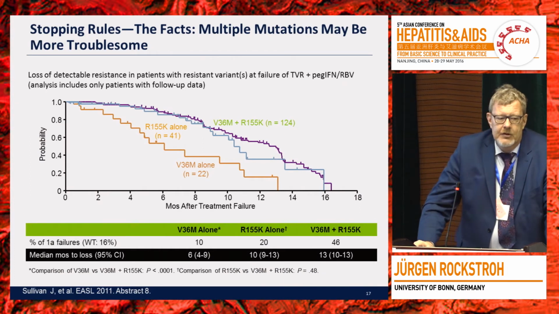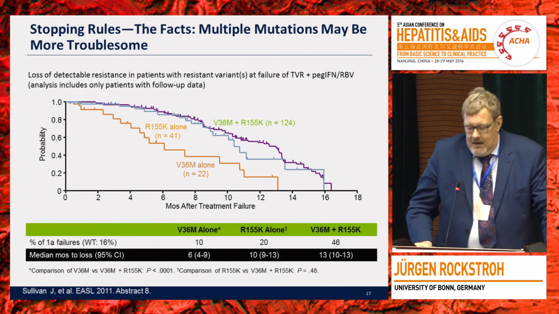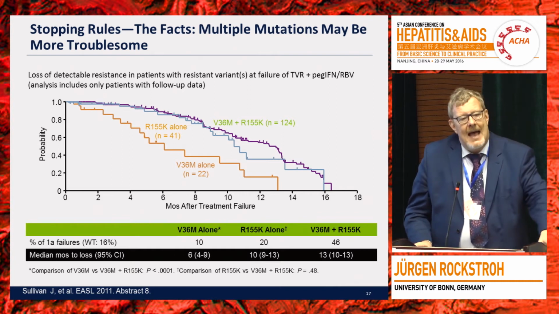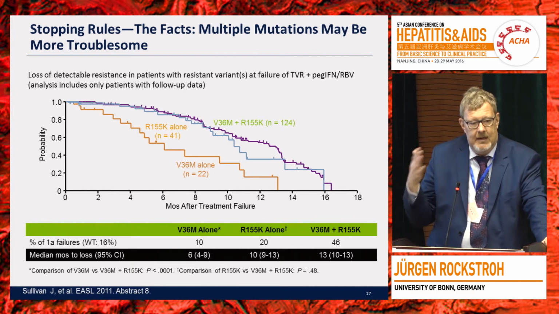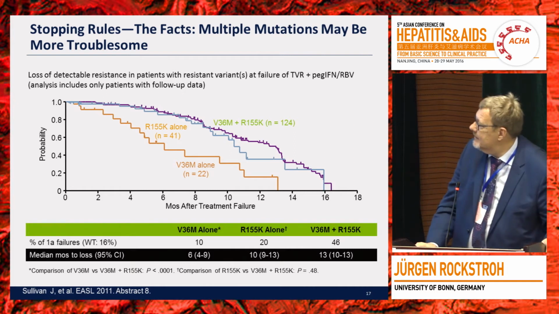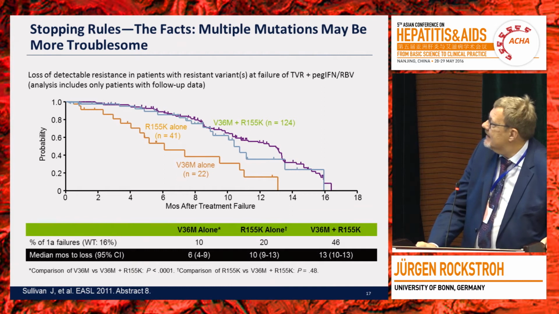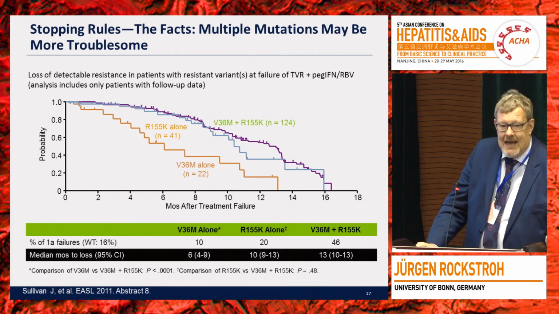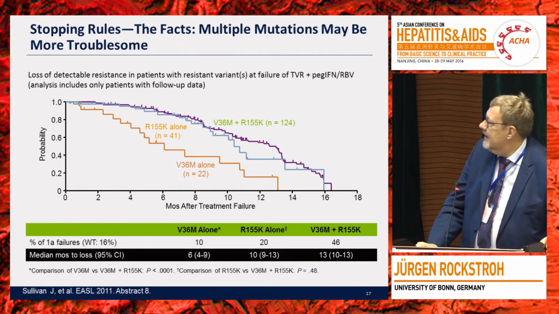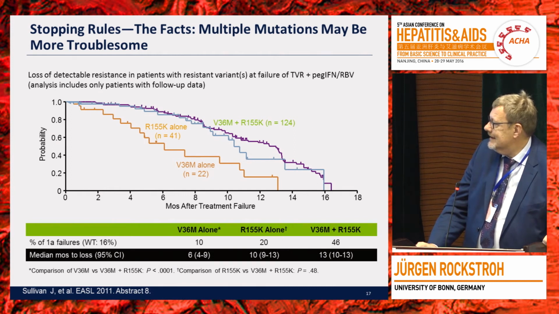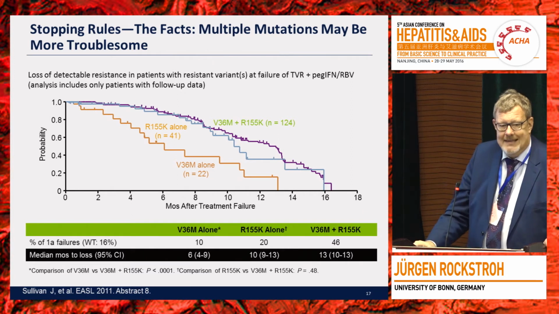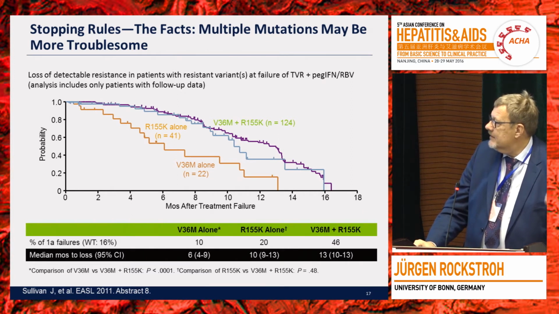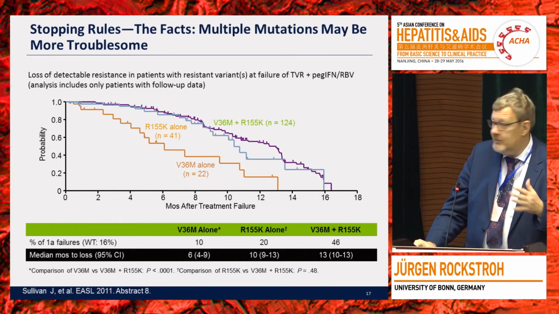Now, I already alluded to the fact that the presence of resistance after stopping therapy is dependent on the viral fitness. So in the setting of hepatitis C protease inhibitor therapy, and this is taken from patients who received telaprevir, PEG, and interferon, in those who develop virological failures, you can see that many months after treatment, and this follow-up goes up to 18 months after treatment, most of the patients tend to lose their mutations.